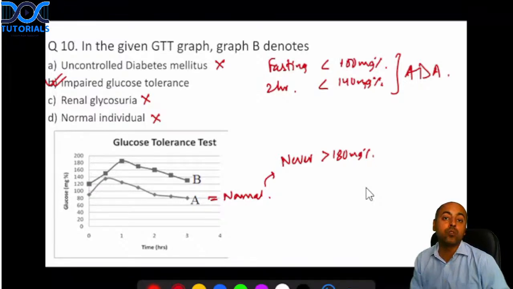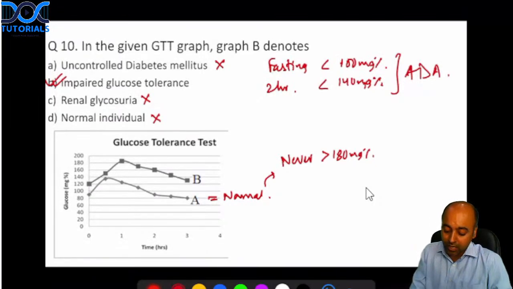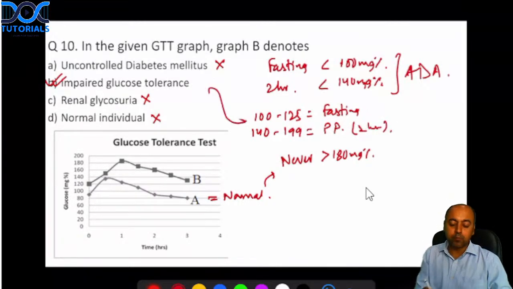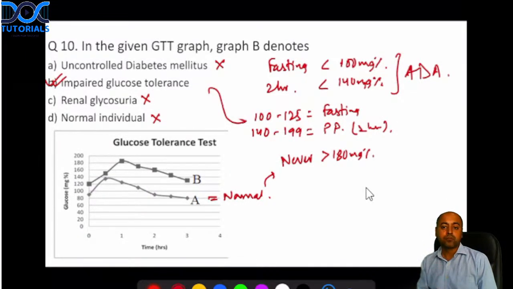We call it impaired glucose tolerance when the values are between 100 to 125 in fasting and between 140 to 199 at 2 hours. This is called impaired glucose tolerance, diagnosed as a pre-diabetic individual.